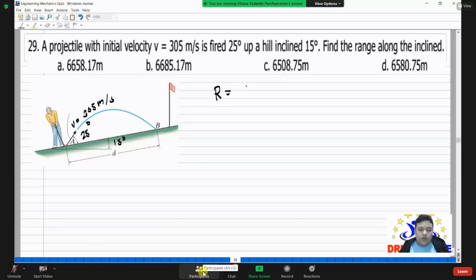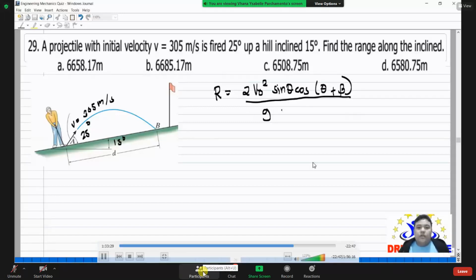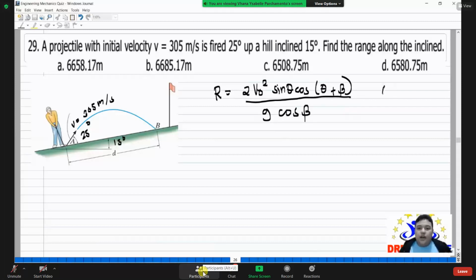So, we have here direct formula. R is equal to 2 times VO squared sine theta cosine of theta plus beta all over G cosine squared of beta, wherein theta is the angle of release ng projectile and yung beta natin is yung inclination.